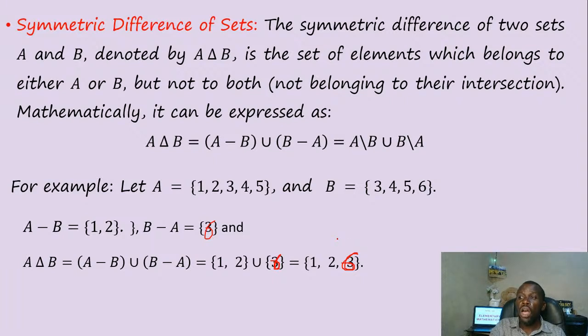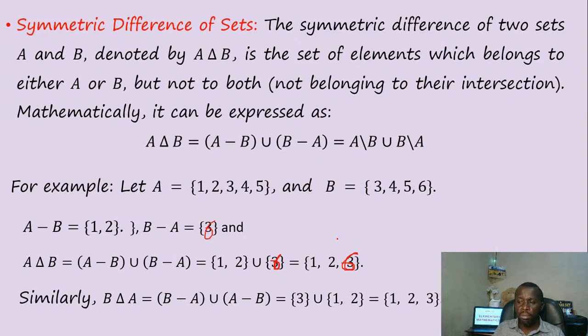Now, we can also have B symmetric difference A, not only A symmetric difference B. Let's do that one. That will be B minus A, union A minus B. Now, there's something you have to pay attention to. The first letter that comes will be the one to appear first after the equality sign.